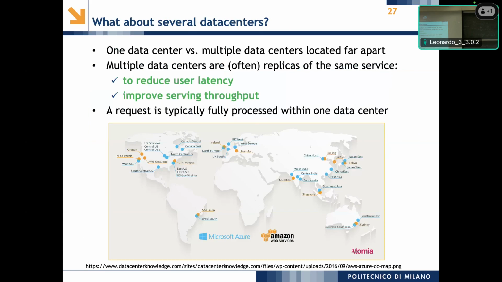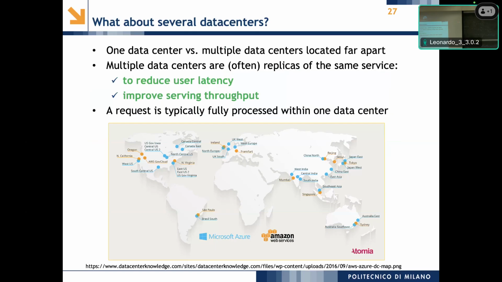The reason is that you reduce latency. Go back to Amazon: if I have to buy my stuff in the US, I have to access their site through a long-distance connection, and I have a high latency. That's not good. So they have located data centers worldwide, close to big cities, as you see here.